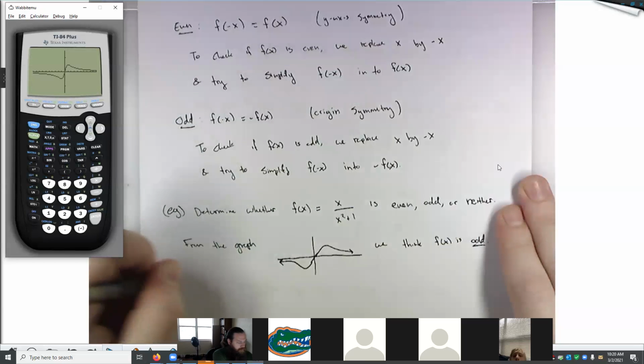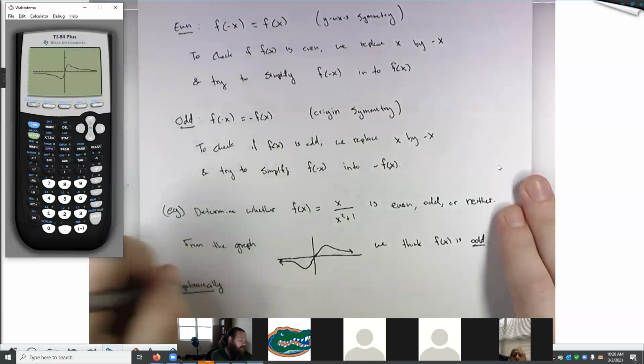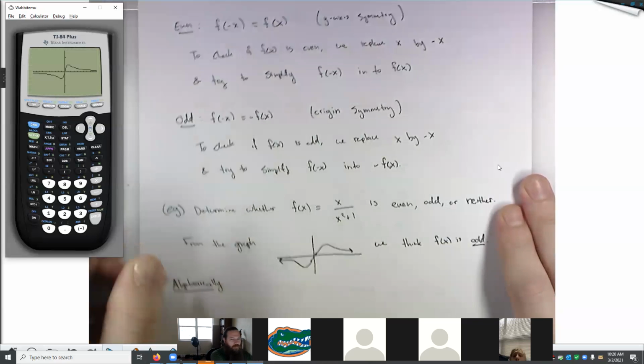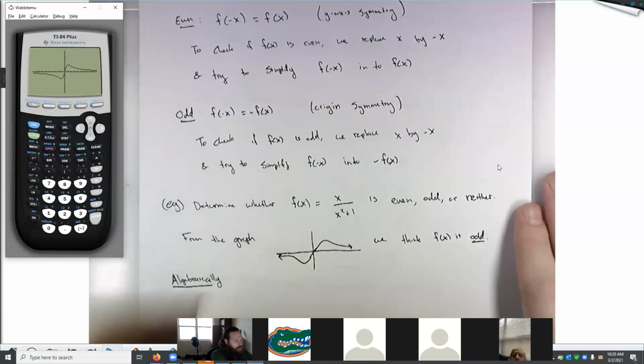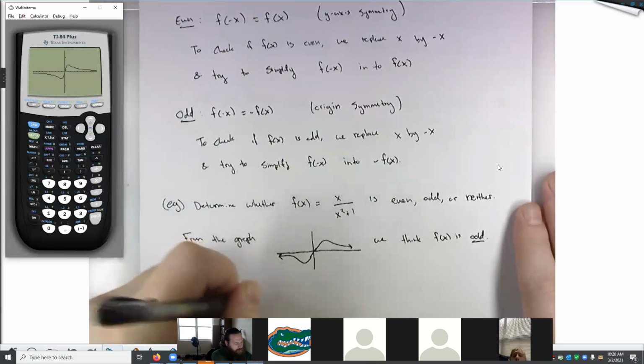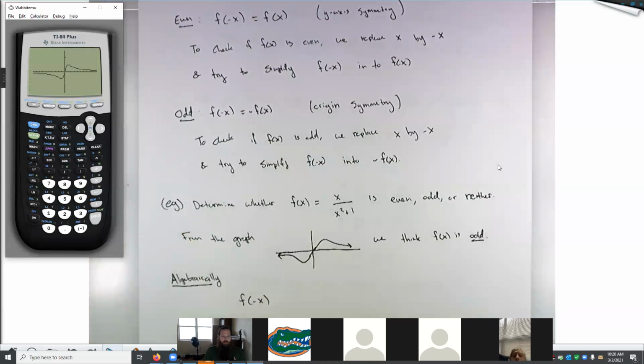Algebraically, if I had to show you that this satisfies the definition of an odd function, that means I would have to look at f of negative x and try to simplify that into negative f of x, right? Like it says above.